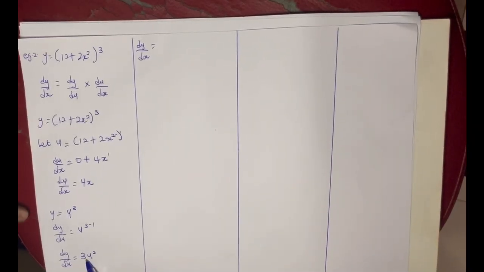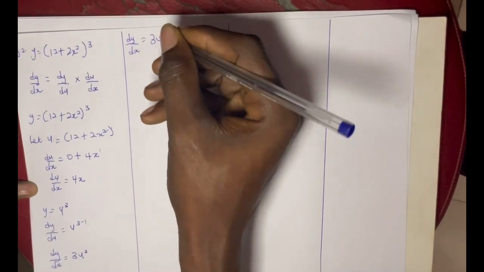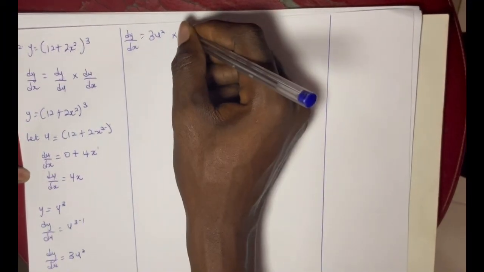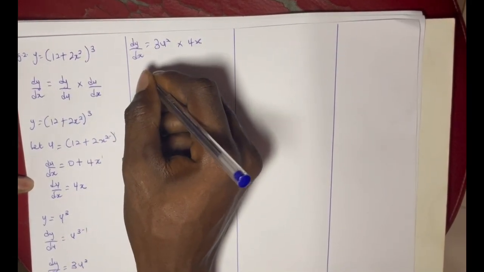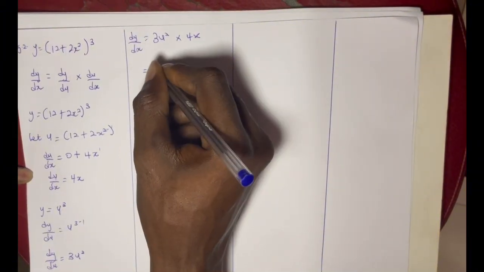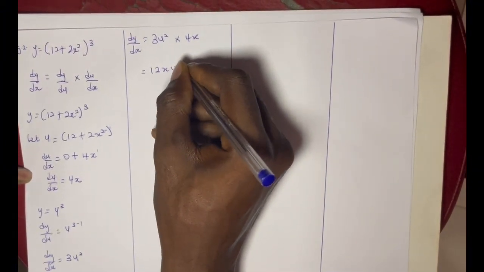You got 3u squared, so 3u squared times du/dx, you got 4x. So therefore, 3 times 4 is going to give you 12, so you're going to get 12x u squared.